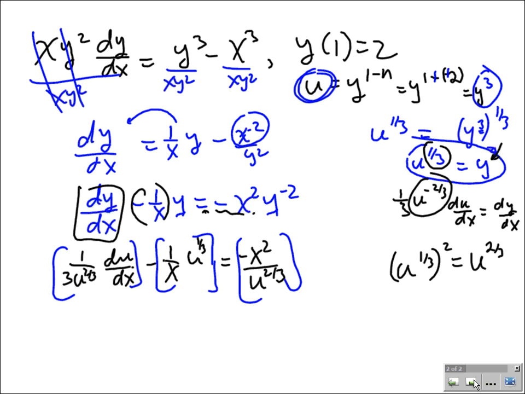So I'm going to multiply it by 3u to the 2/3, and all of that cancels.